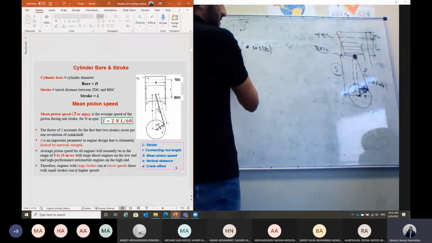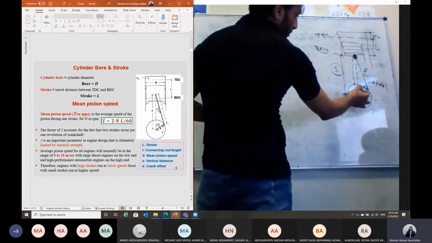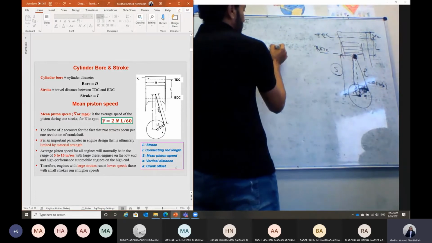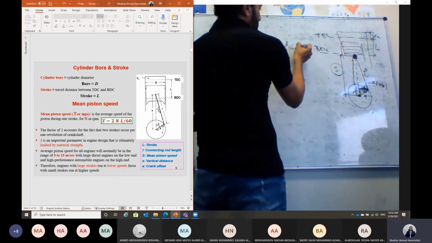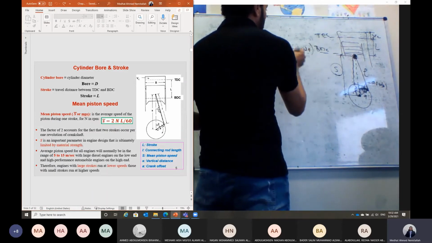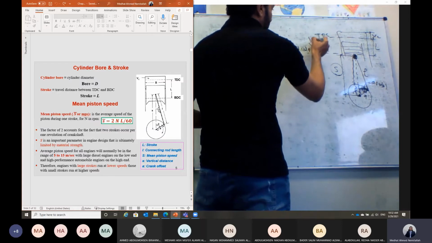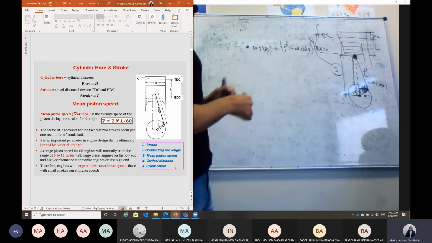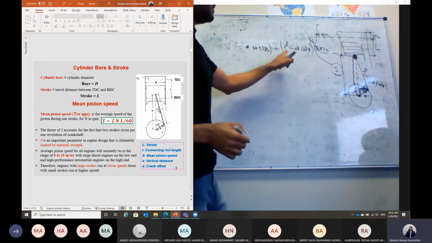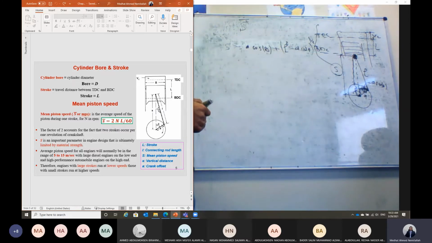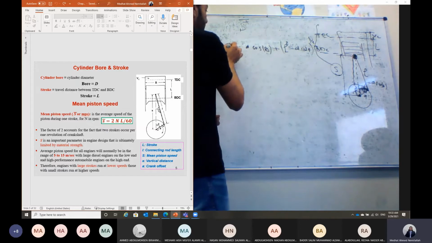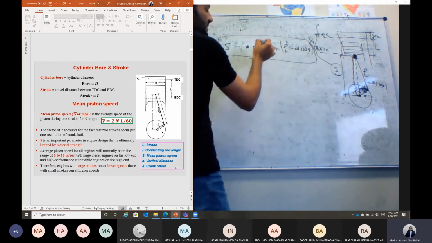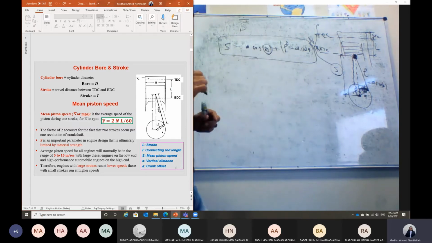So the total distance S will equal A cosine theta plus this distance, which is L squared minus A squared sine squared theta, all to the power half. These are some mathematical calculations you can look at. L is the length of the connecting rod in this case. And by this we can define the distance S as a function of the crank angle theta at any time.